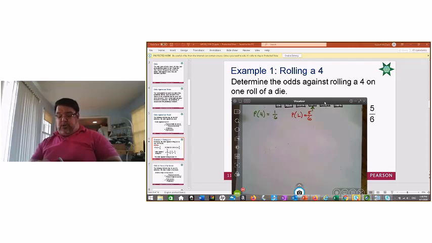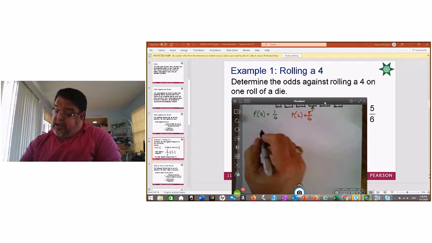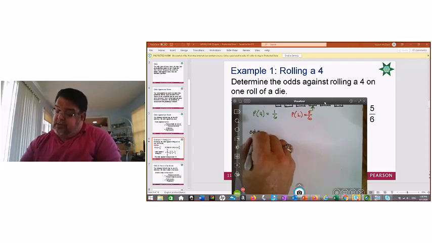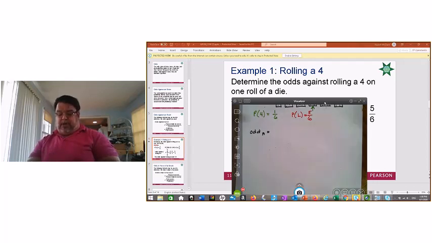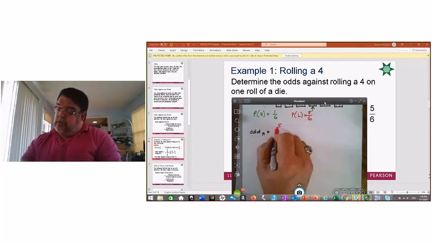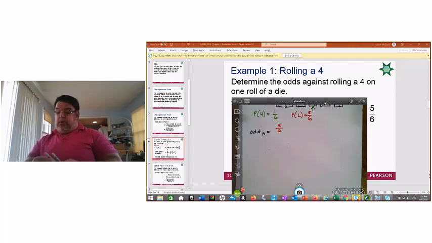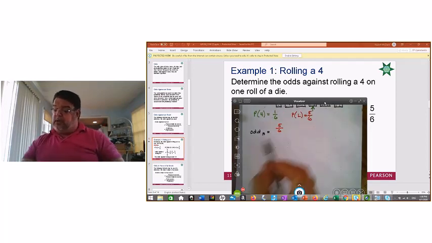So now let's do the odds against. The odds against would be equal to the probability of losing over the probability of winning.